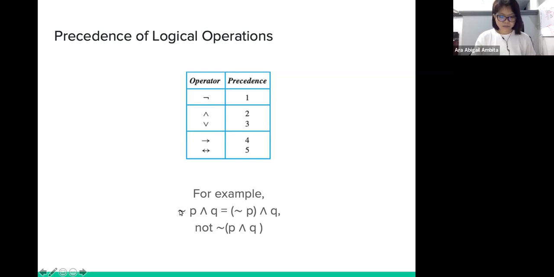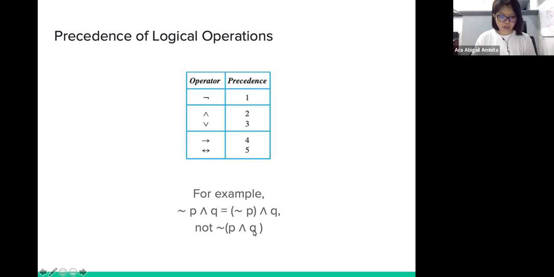For instance, we have this statement, not P and Q. Since the negation operator has a higher precedence than the conjunction operator, or the and operator, then we will process not P first and Q, and not take the negation of the conjunction of P and Q.